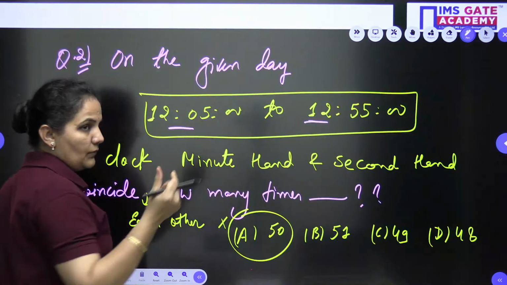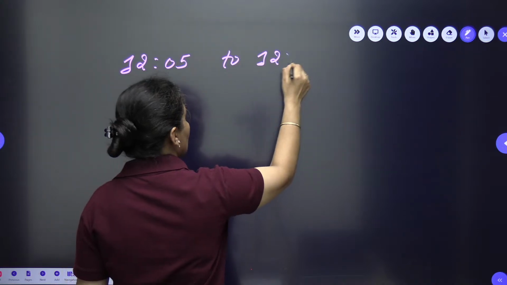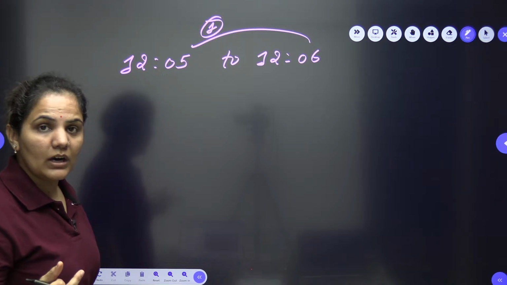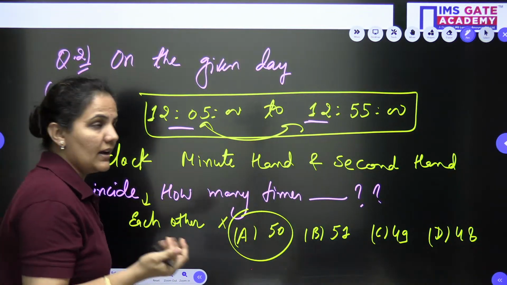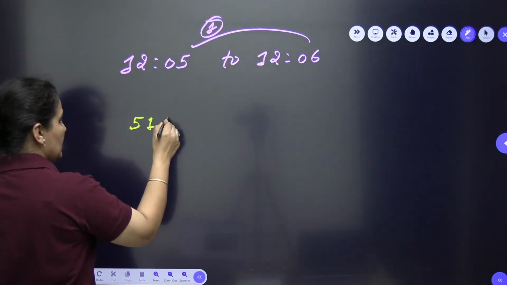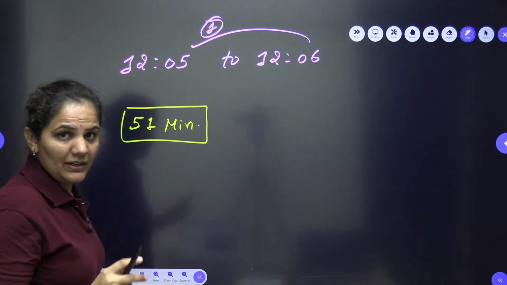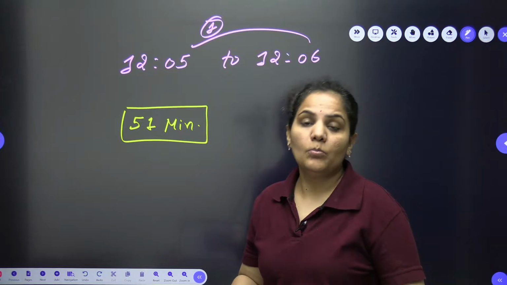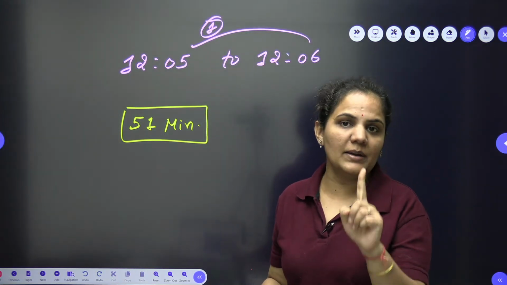So how you need to count, I am giving you one example, very easily you can understand. When you count for the next 1 minute, it will be 12:05 to 12:06, this will be the 1 minute. Like this you need to count, and when you count up to the end, both are inclusive here, so it will give you that the total time will be 51 minutes. We know very well that the second hand and minute hand coincide with each other in 1 minute 1 time.